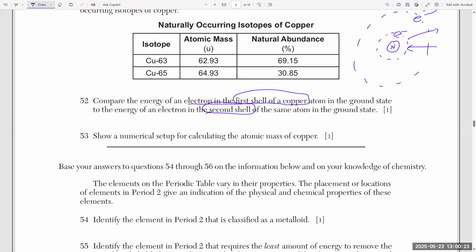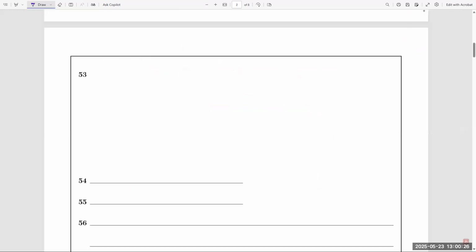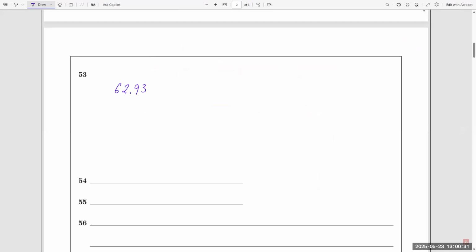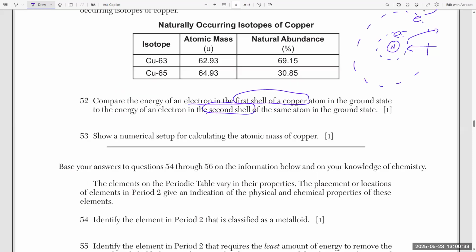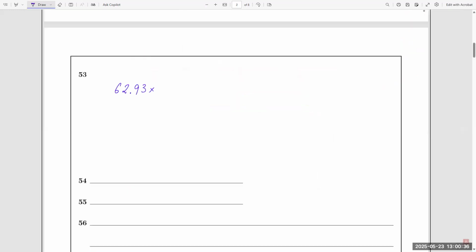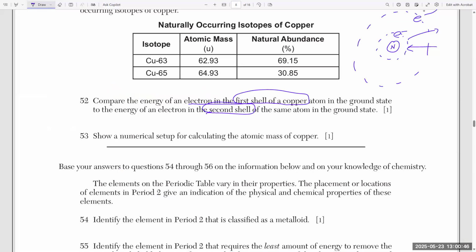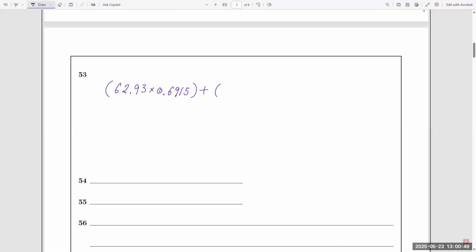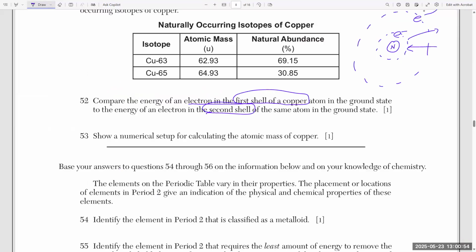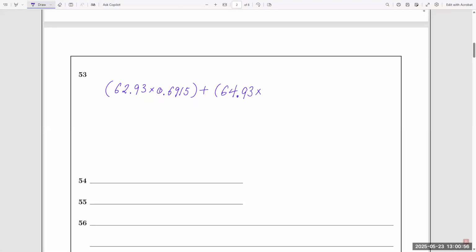So it's going to be 62.93 units times, what was that again, 69.15%, so that's 0.6915, plus this next isotope, 64.93, times its percentage, 0.3085.